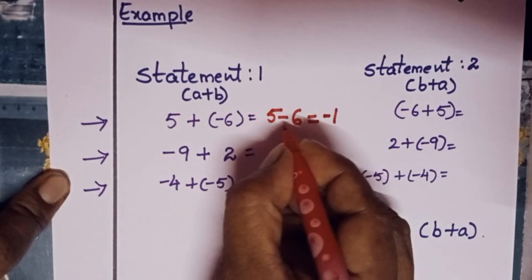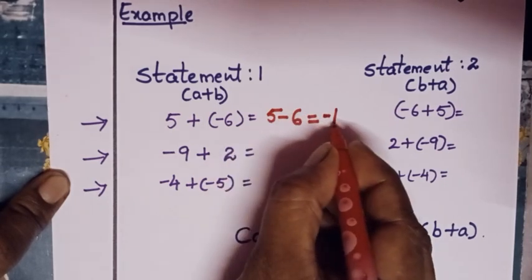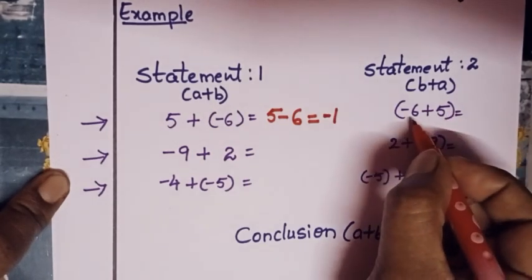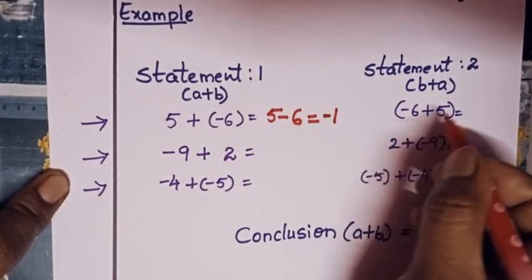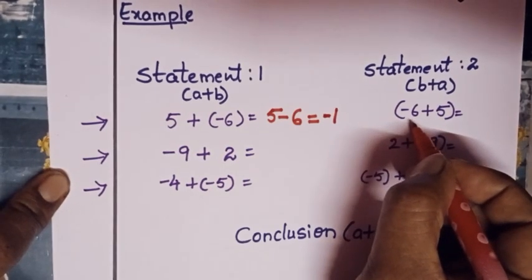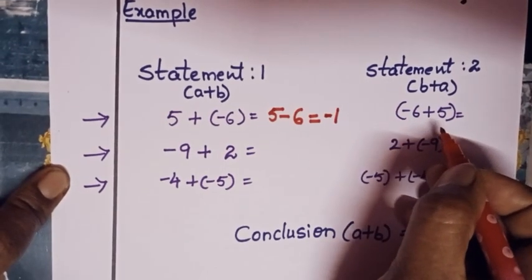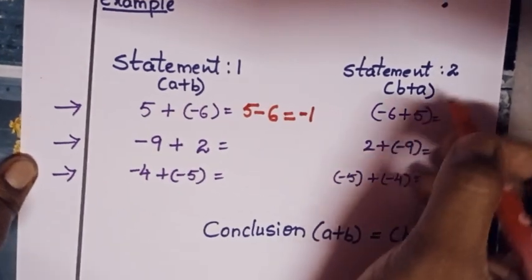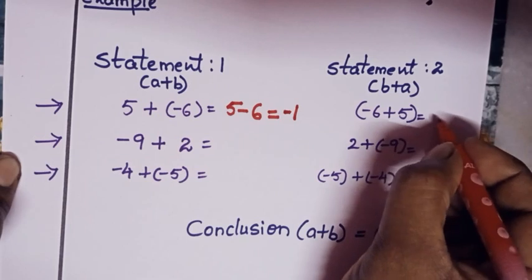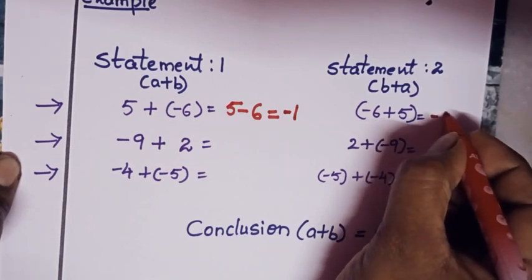The bigger number's symbol is minus. So we get minus 1. Next, b plus a, that is minus 6 plus 5, children. So here also minus of plus is minus. We have to subtract. Minus 6 plus 5 gives you minus 1.